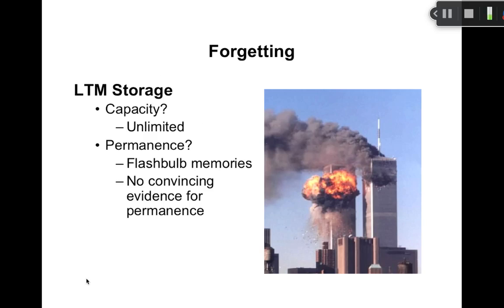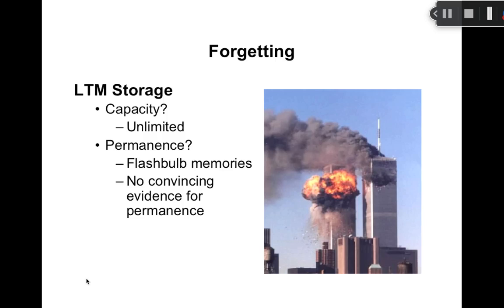So let's talk about forgetting. Stuff goes away. We get it in there, and then at some point we can't get it back out. That's forgetting. Long-term memory storage, we discussed a little bit in the last lecture, and the capacity of long-term memory is potentially unlimited. You saw the clip on Kim Peek. He can remember 12,000 books in his brain.